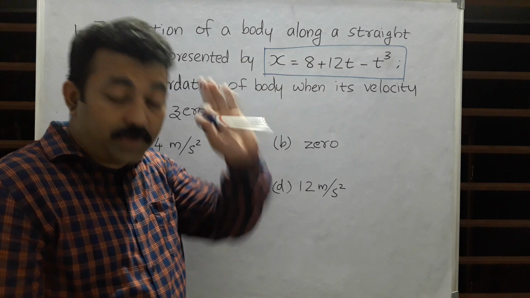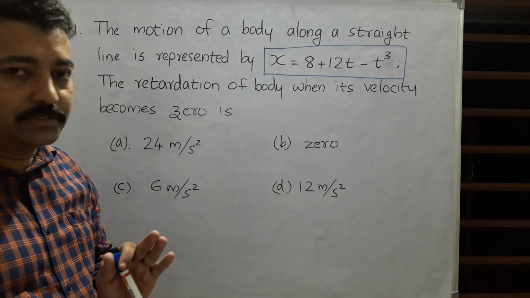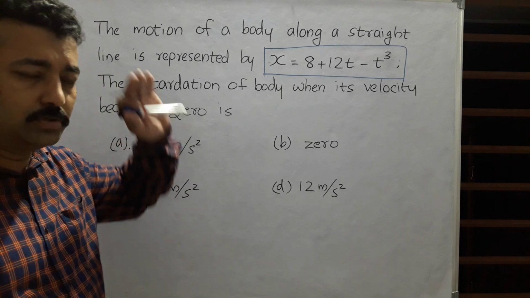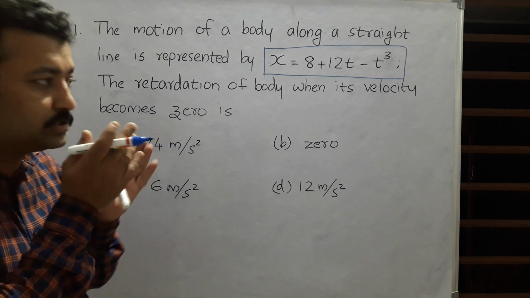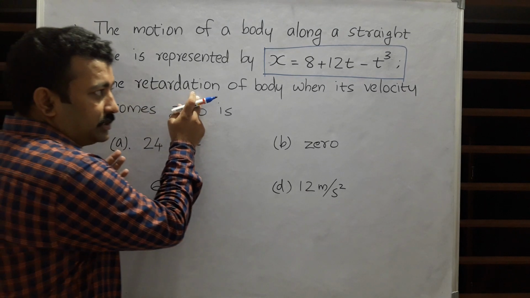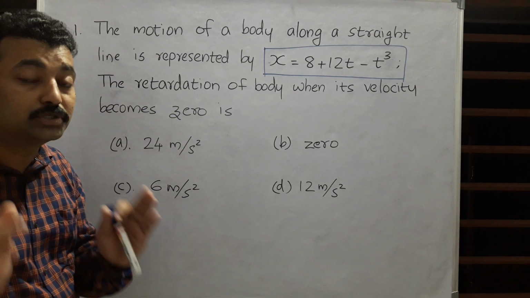Now, for any entrance exam, what I suggest is, don't go to the head of the question. Start from the tail of the question. What is the tail? The problem is to find the retardation when the velocity becomes 0. So I have got two inputs.